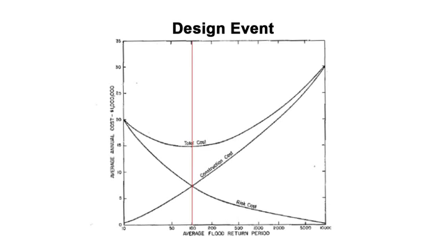Equally, this is our risk curve. If we design for a 1 in 10,000 year event, our risk is very low, but we have a very high construction cost. Conversely, we design for a 10-year event, our construction cost is low, we only need a pretty small structure, but our risk becomes very high because there's a pretty high chance it's going to be damaged or fail.